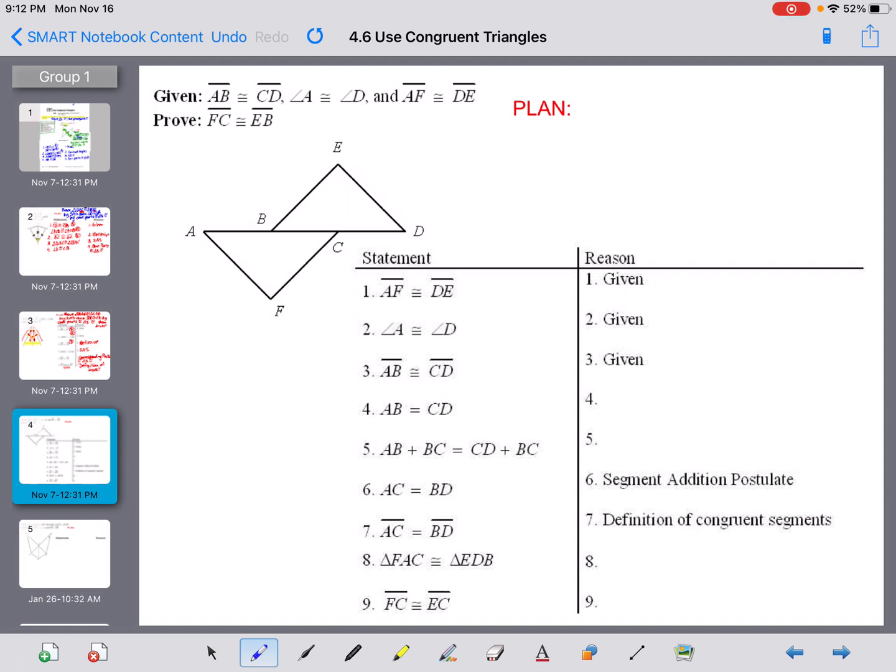All right, let's see. AB congruent to CD. Angle A congruent to angle D. AF congruent to DE. And we want to prove FC congruent to EB. All right, I'm thinking those triangles are probably going to be congruent, right?